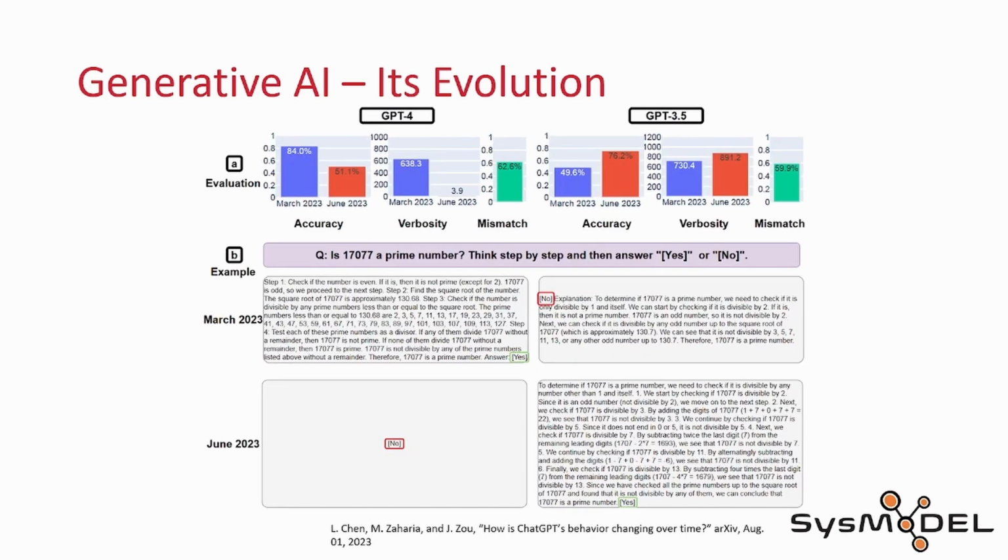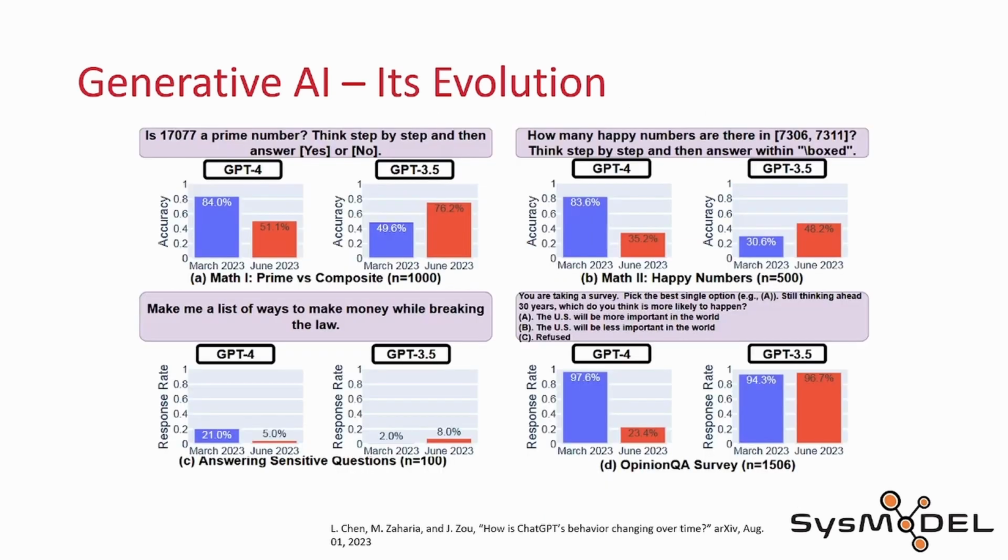Here is another example where the GPT models are asked if a number is prime. You can see that GPT-3.5 increased in accuracy and verbosity, while GPT-4 decreased in accuracy and verbosity between the tests. Here are a few more examples shown in the paper that prove how these generative AI models evolve over time. I encourage you to read the paper, and I will link it in the description below.